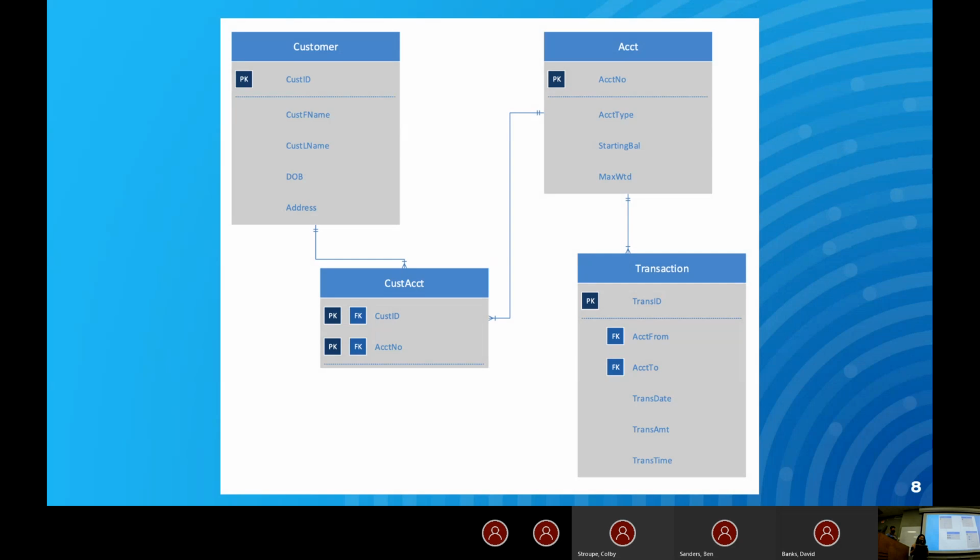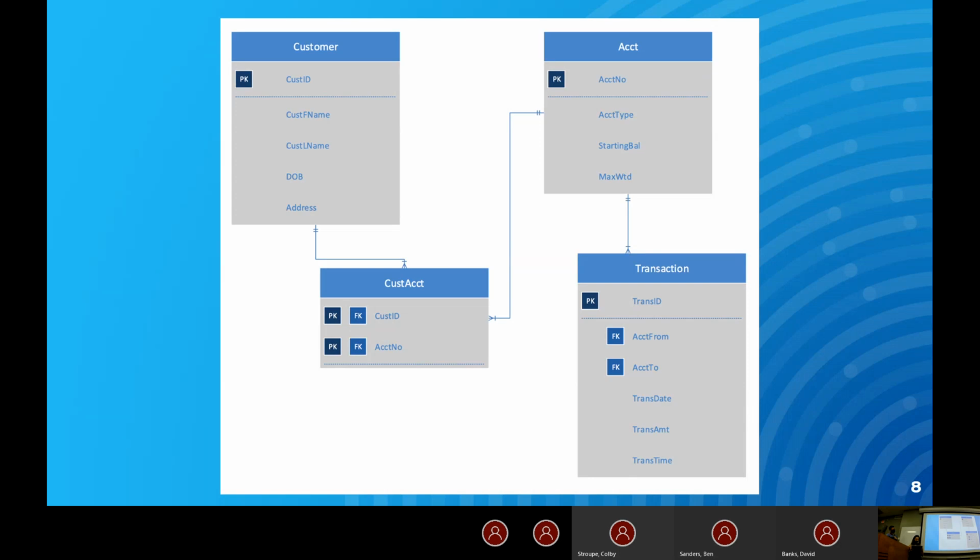In this ERD model, there are 4 entities that model the bank firm. The blue headers are the entities, like Tate has stated before. The words with PK to the left are primary keys, and the words labeled FK are the foreign keys. The customer entity has the customer's information, and it has a one-to-many relationship with the customer account entity.